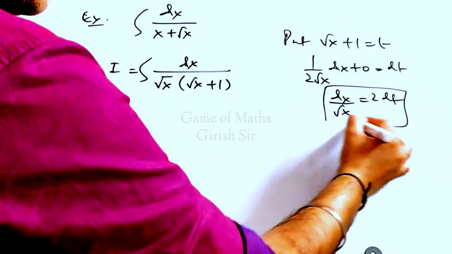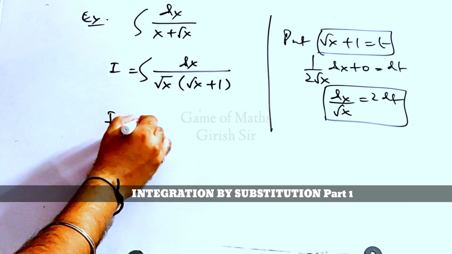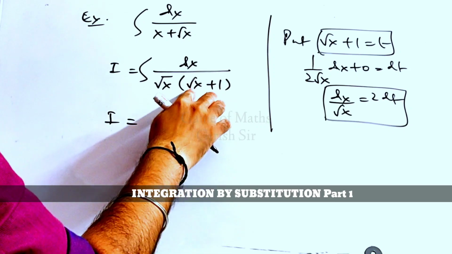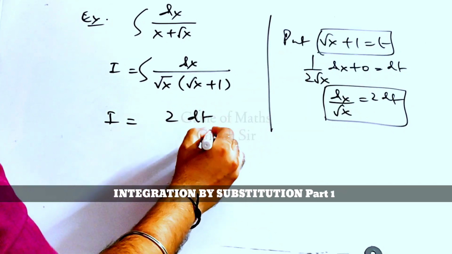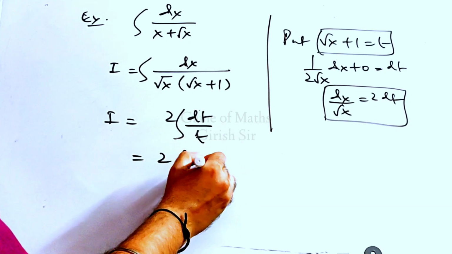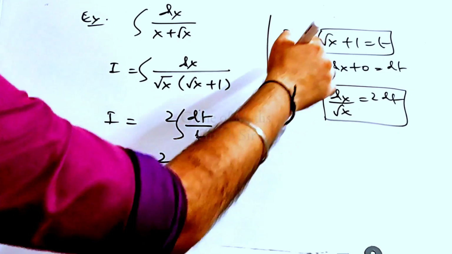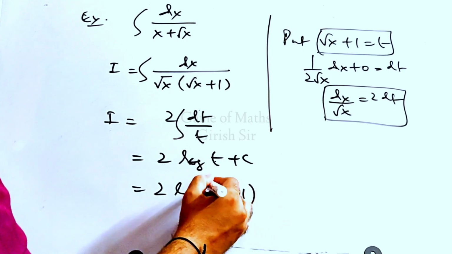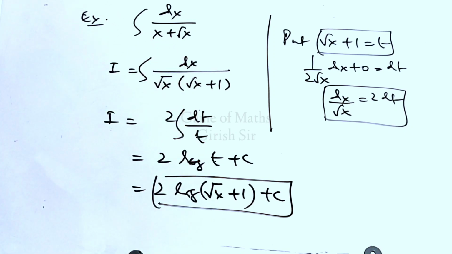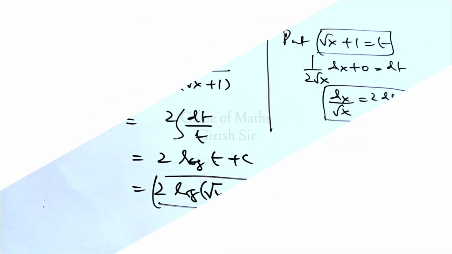So if I make these two substitutions over here, I can replace dx by root x with twice dt, and root x plus 1 is equal to t. Now this is a simple integral, the answer to which would be log of t. Now you put back the value of t. t is root x plus 1. So this would be the answer to this original integral, which looks a little difficult, but careful substitution makes it much easier to integrate.